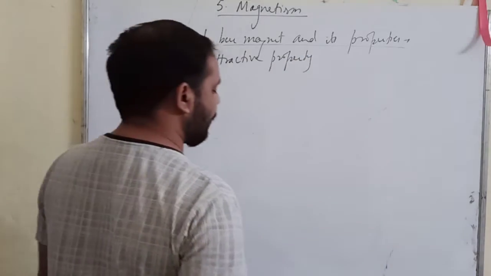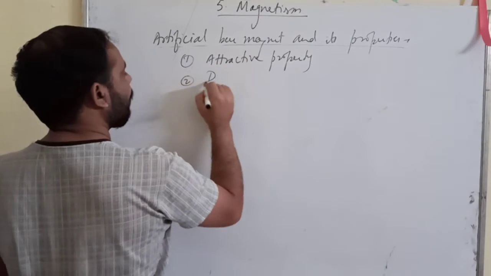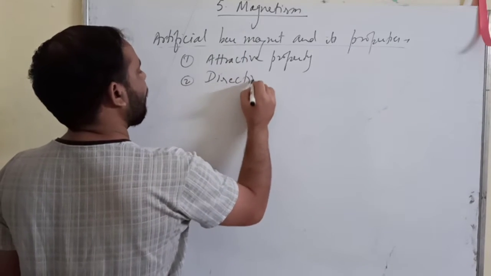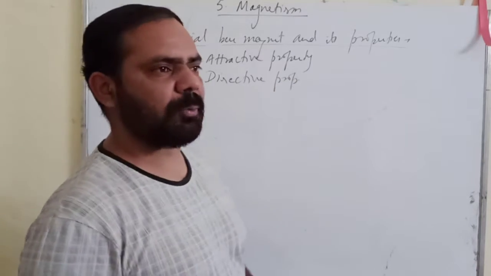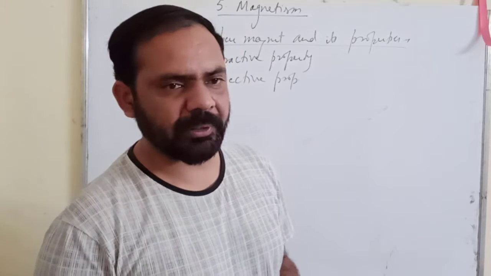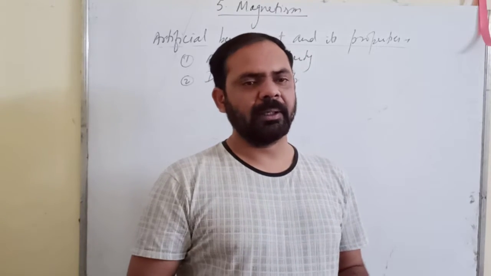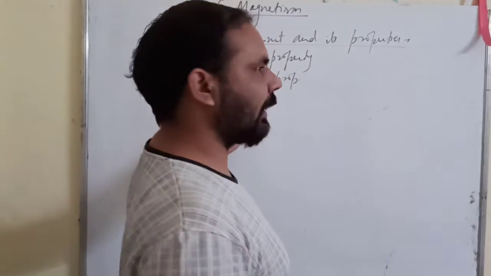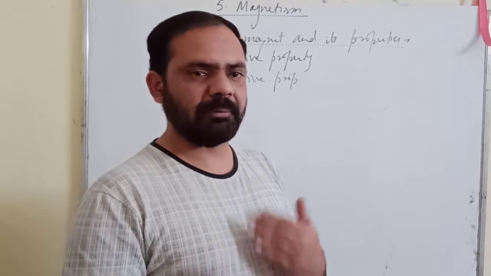The second one is the directive property. Directive property means that when a bar magnet is suspended freely, it always points in a fixed north-south direction, so it can be used to give the direction.